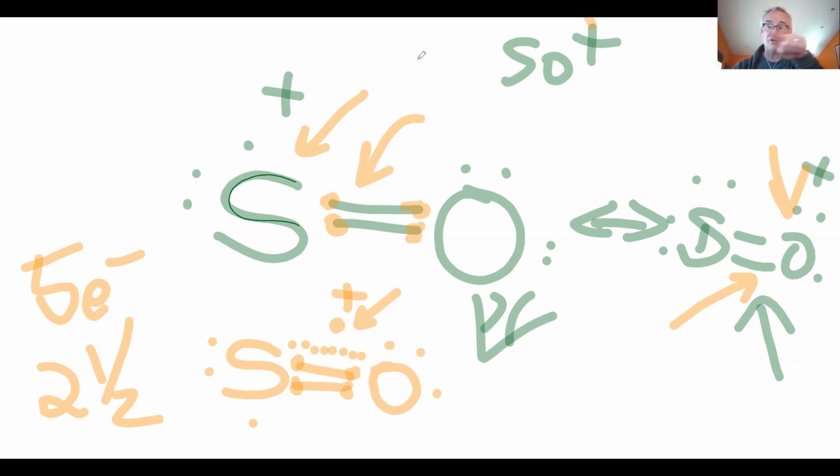And so when we average them out, they're in neither place, but they're in between. They're being shared between the two. I guess that means everyone agrees and everyone understands. Now, if you have any questions about this, this is the perfect time to be asking.